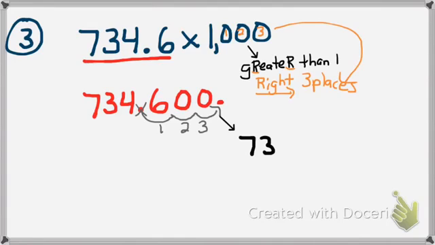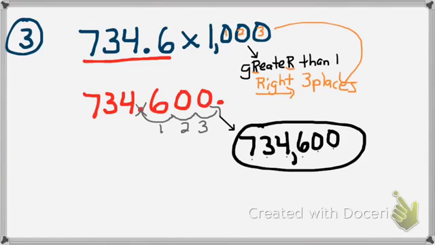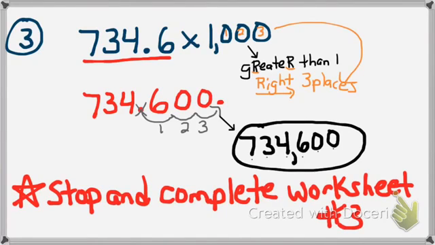My final answer is 734,600. 1, 2, 3, comma, 1, 2, 3. There isn't any other digits, and we don't start a number with a comma, so I have 734,600. Circle that as my final answer. Stop and complete worksheet problem number 3.